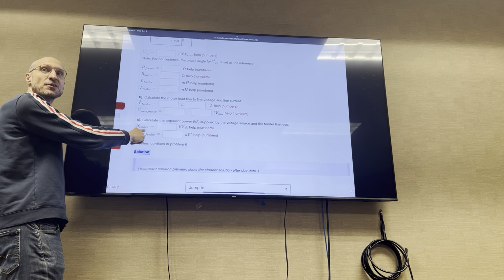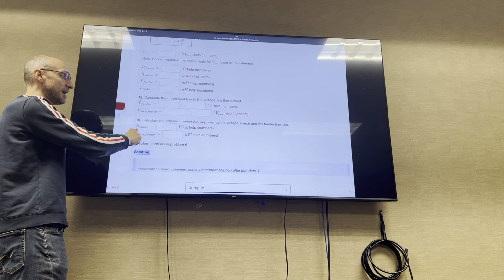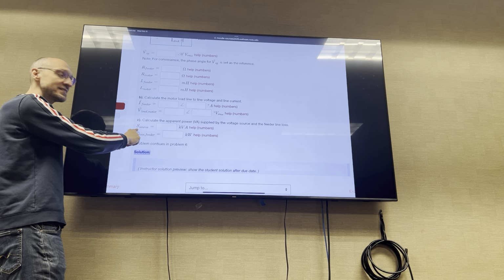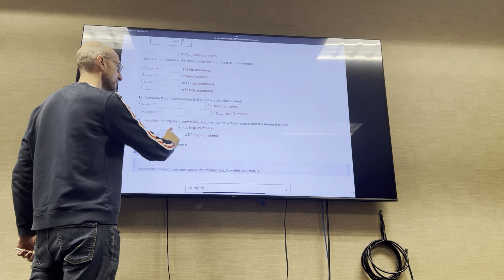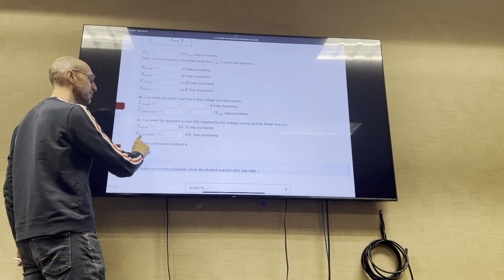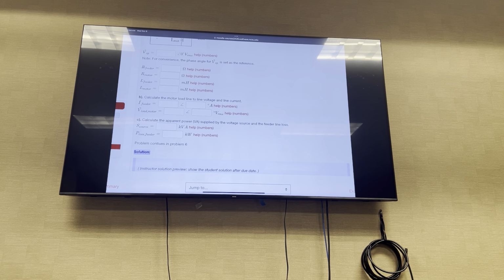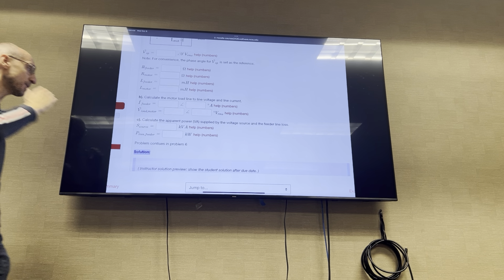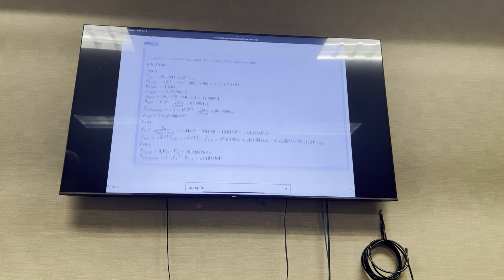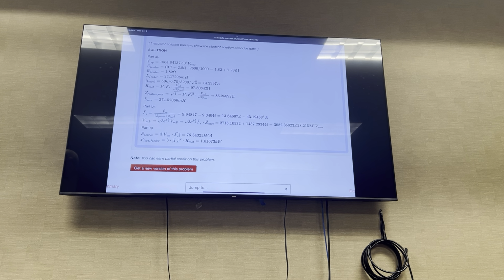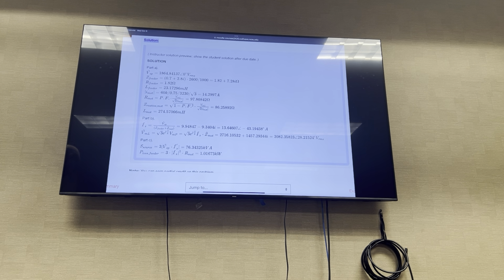V times I complex conjugate will be the complex apparent power, and if I take its magnitude, that's what I'm looking for here, just the magnitude. Then P loss feeder is always I squared R. I already know the feeder current squared multiplied by the resistor. Okay. I think from this point, I'm all set. Thank you. I mean, this is a pretty tough one.